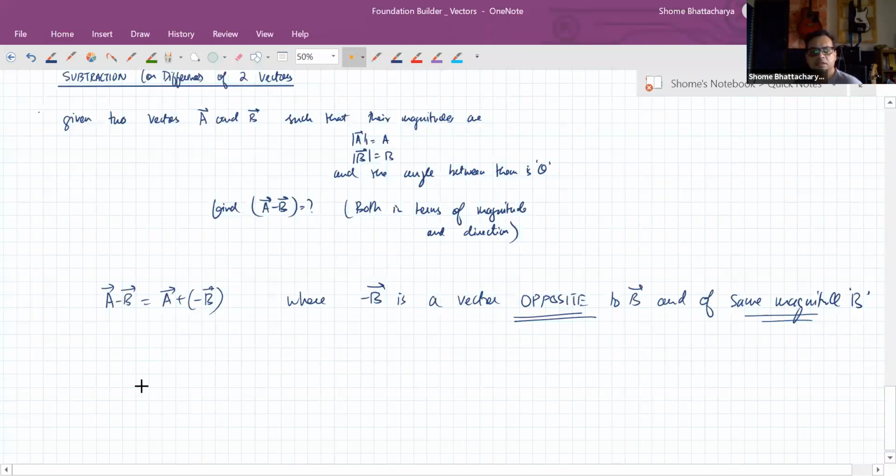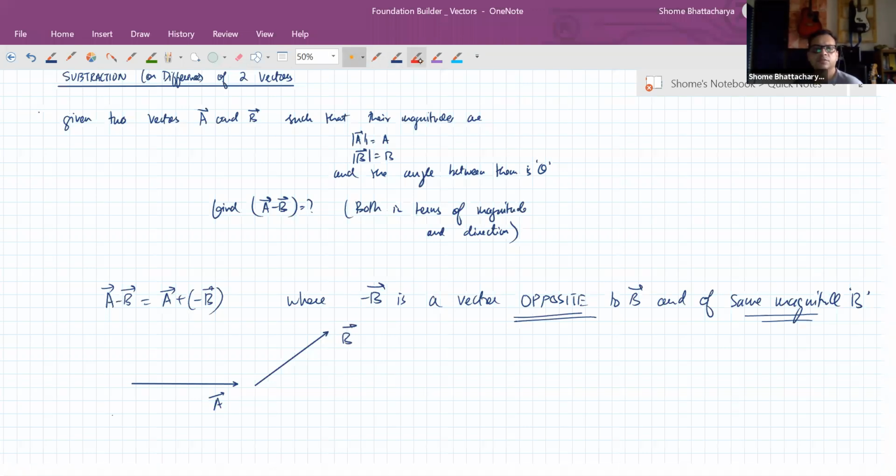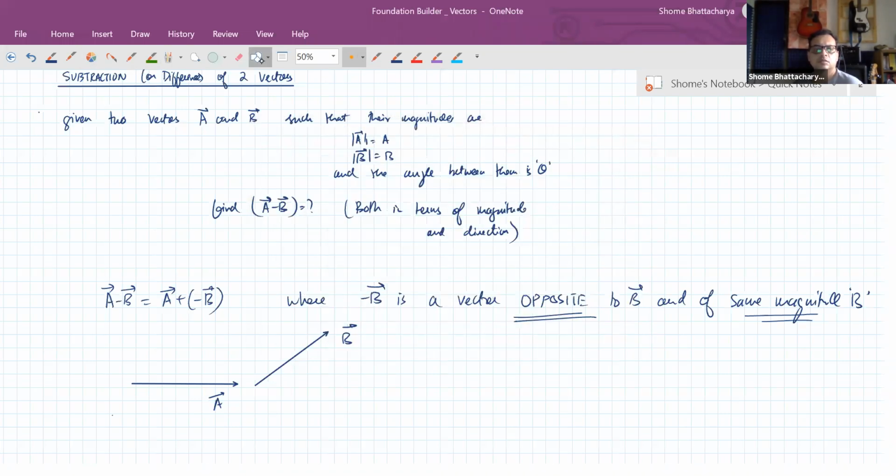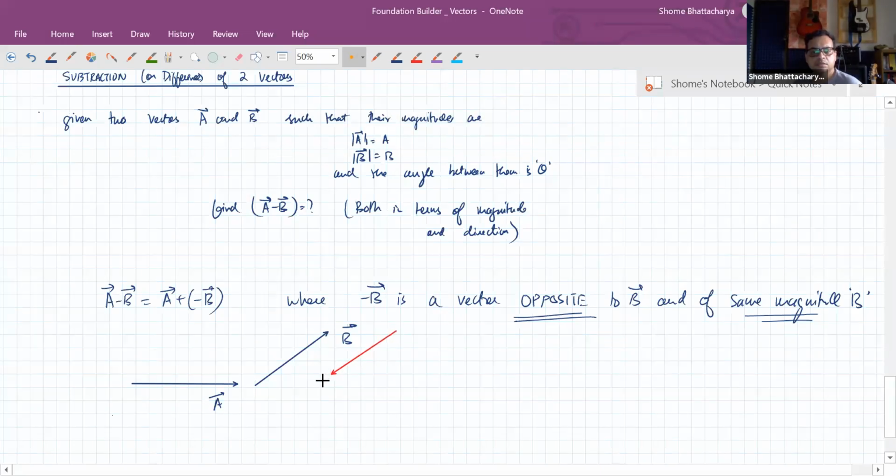In other words, suppose my vector A is like this and my vector B is like this, then the vector minus B will simply become a vector which is like this.